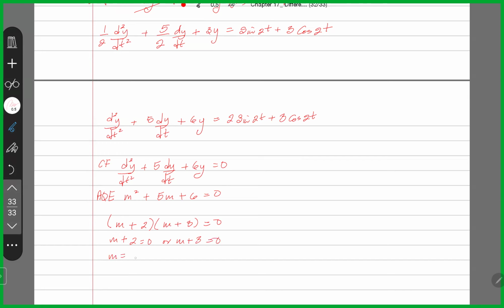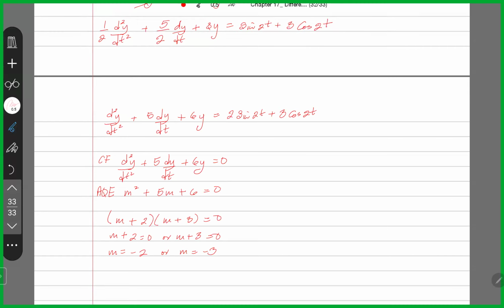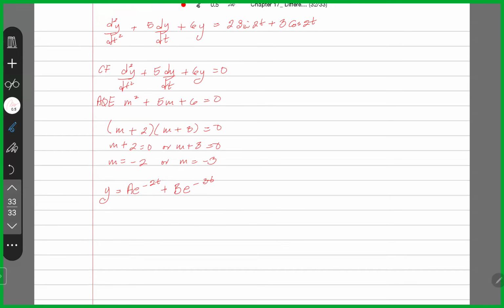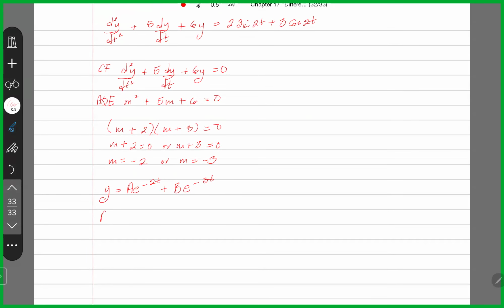So m is equal to minus 2, or m is equal to minus 3, are the solutions of the auxiliary quadratic equation. So the CF would be y is equal to a e to the minus 2t plus b e to the minus 3t.